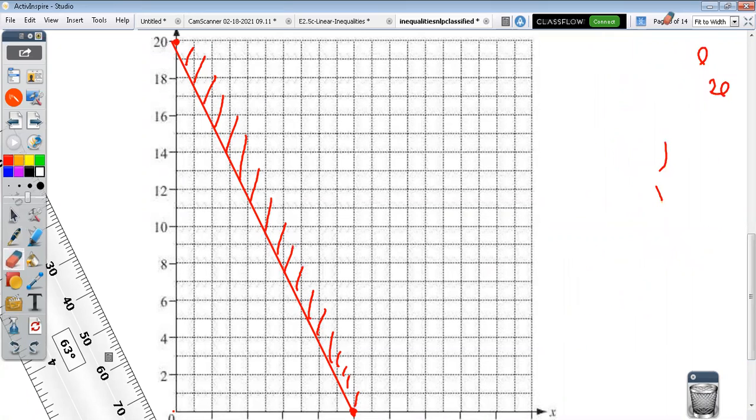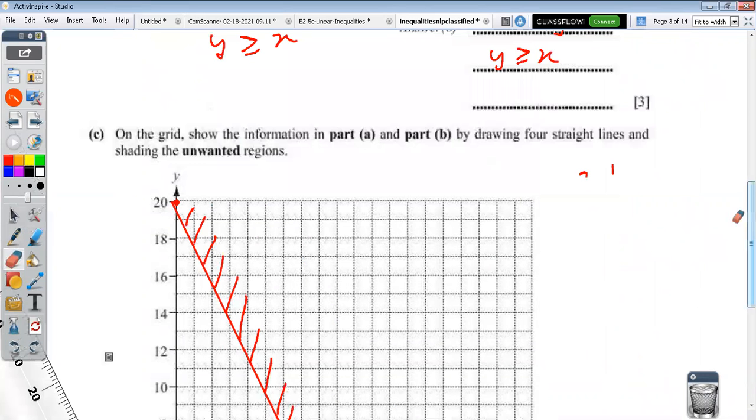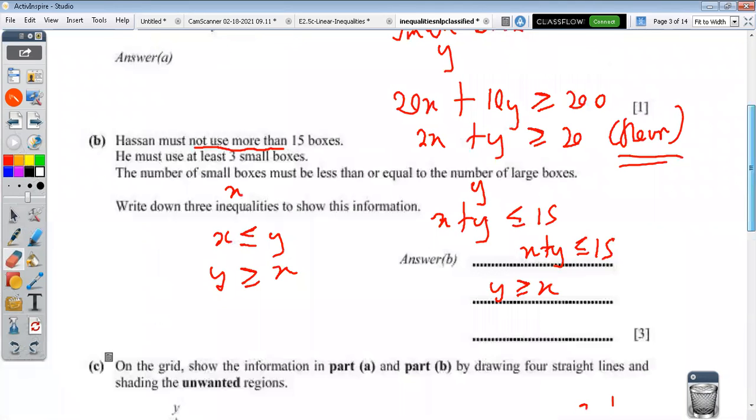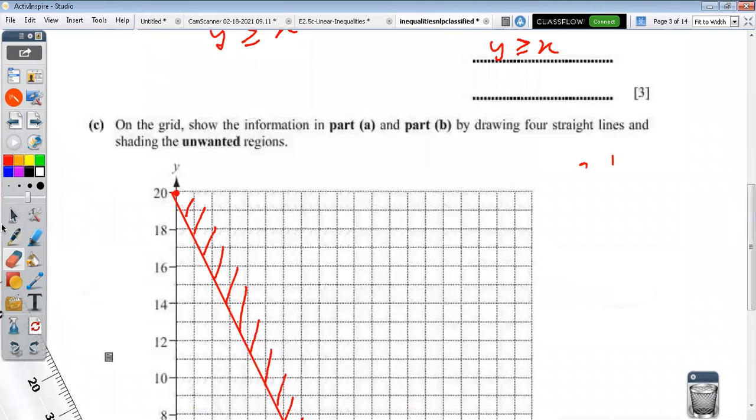We want to do the 3 equations. The other equation is x plus y is less than or equal to 15. So let's think of what I said, x plus y is equal to 15. Move the x to the other side, everyone.